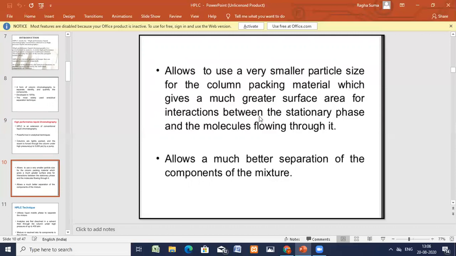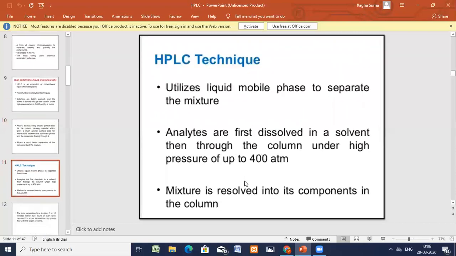It allows a much better separation of the components of the mixture.